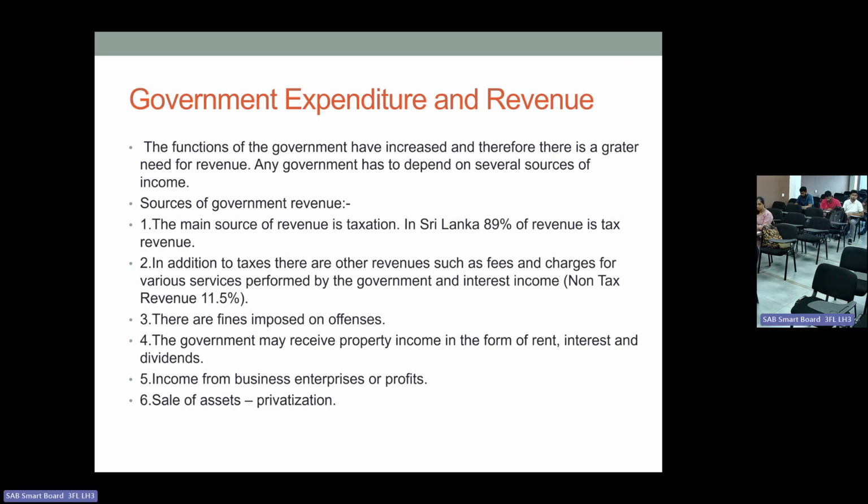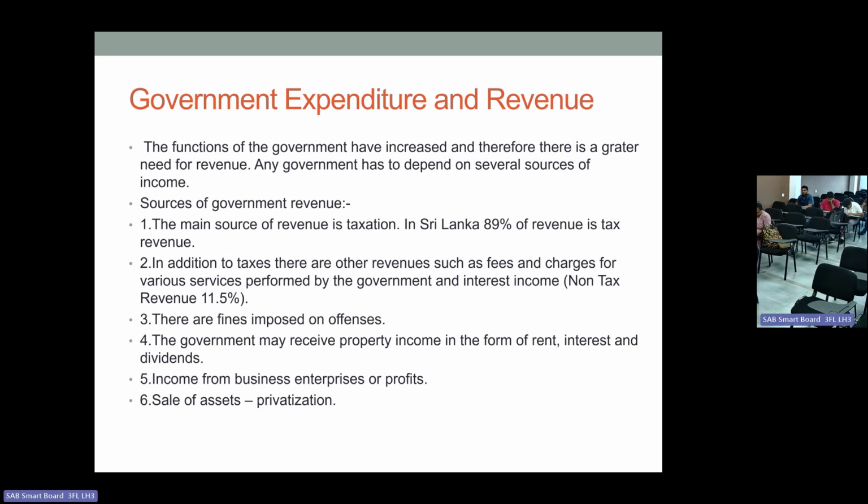If you look at the revenue, that is the main area. The government has to earn revenue, not just make expenditure, because the government has set objectives as an important component in the economy. Next is infrastructure, law and order, and so on.